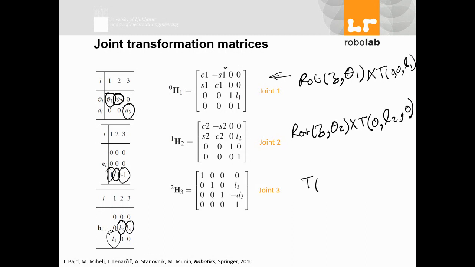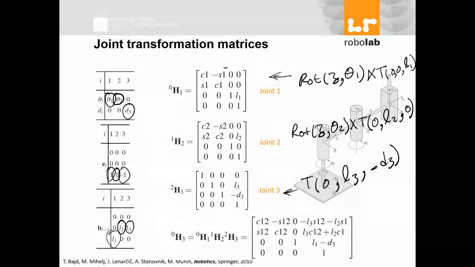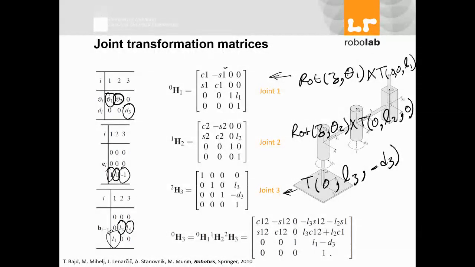So what I have is a translation where I don't have anything on X, I have L3 for Y, and I have negative D3 for Z, which gives me this. Your final matrix is just the multiplication of these three together to get your final homogeneous matrix representation of the robot.